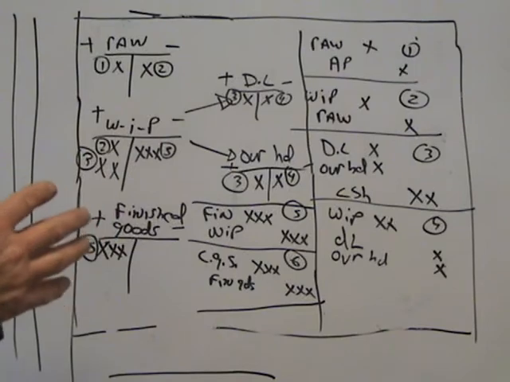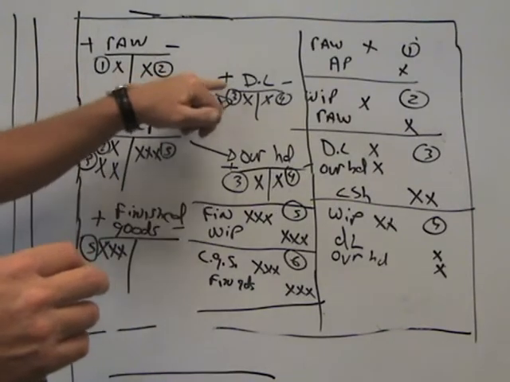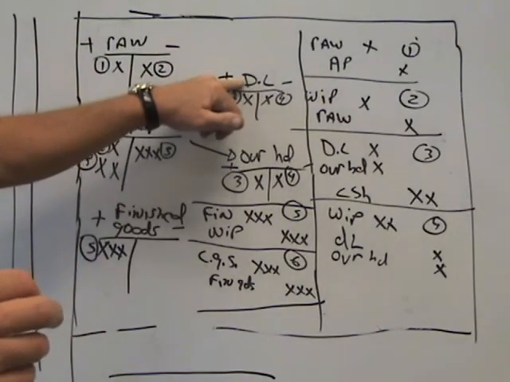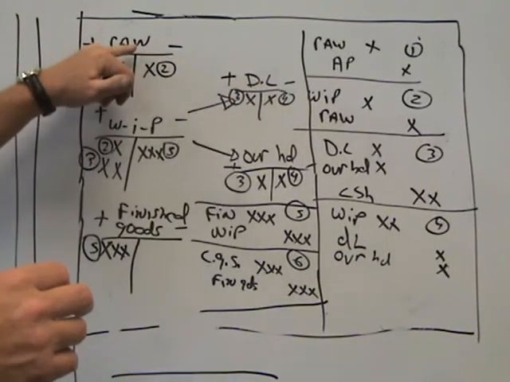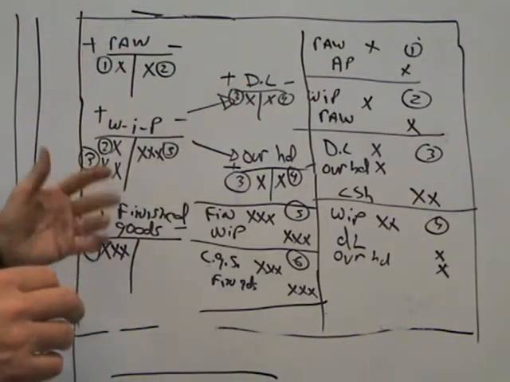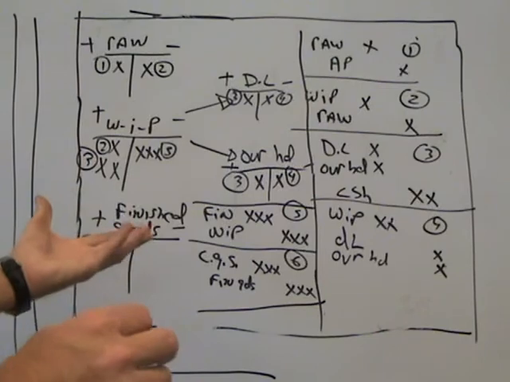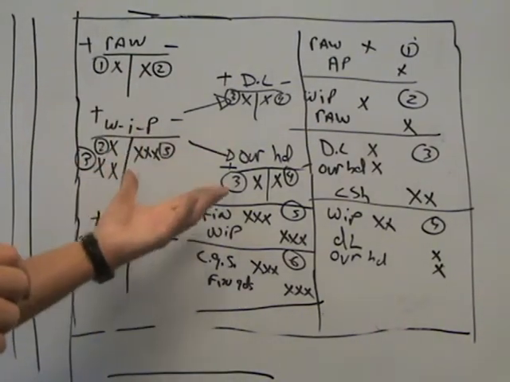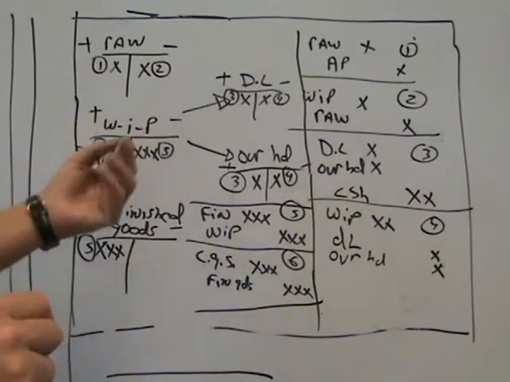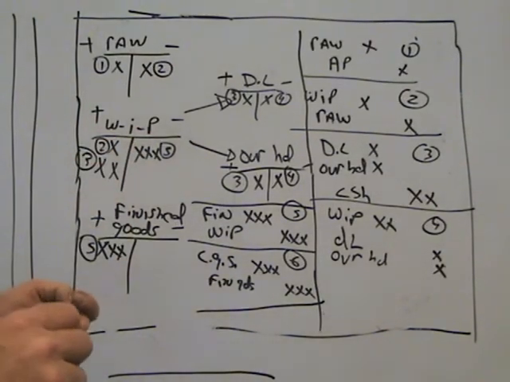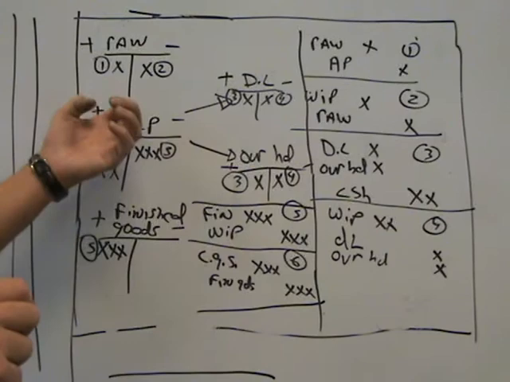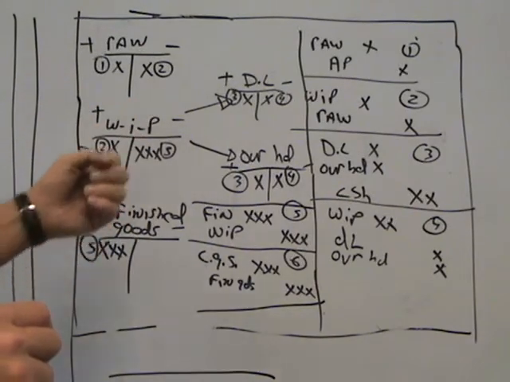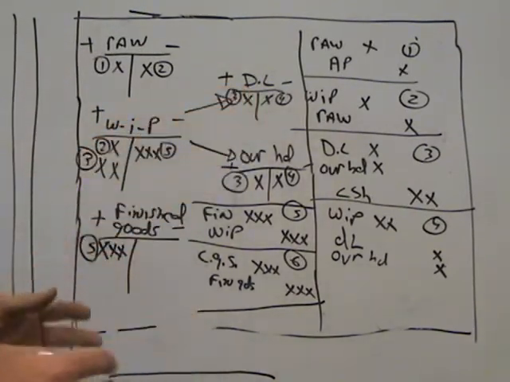By definition, overhead is anything other than direct labor and raw material. Everything else is overhead. For example, managers' salaries are overhead. Factory security guards are overhead. Administrative, overhead. Direct labor is directly making the product.